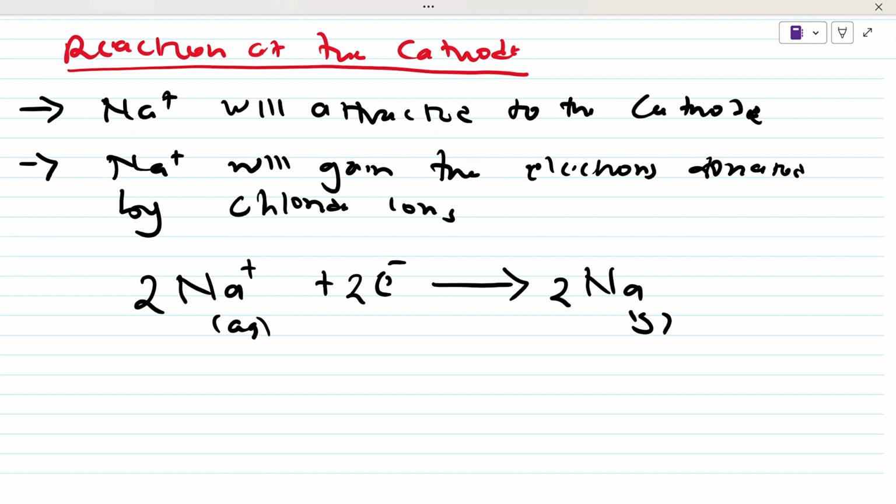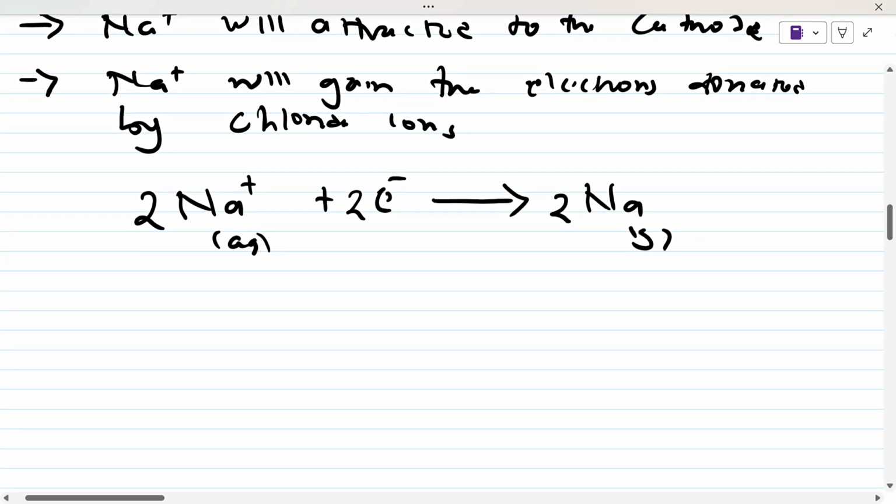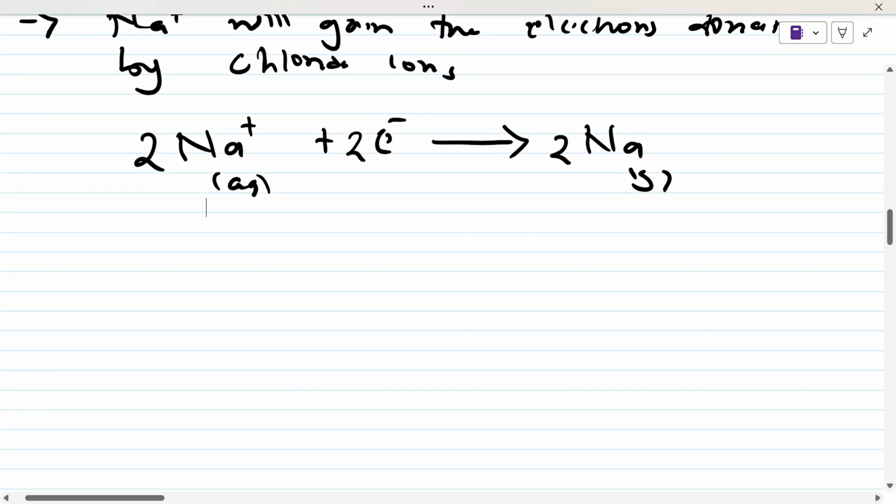So those justifications will really tell the examiner that you've really understood what you're dealing with. Now, the next thing that I'm going to handle is the observations that will be made during electrolysis of molten sodium chloride. I call them observations that will be made.